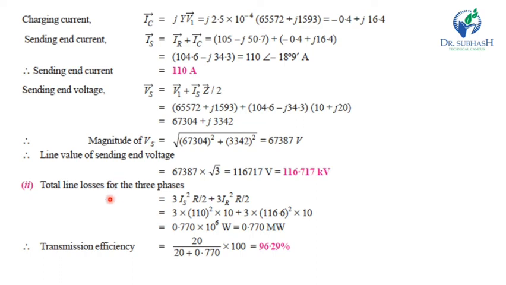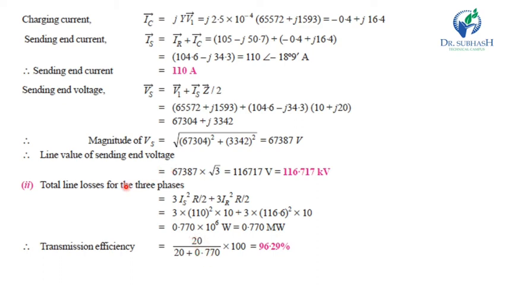Now the total losses for the three phase line. Here we find the efficiency, which is equal to output upon input, where output is the power delivered and input is the power sent. So efficiency is power delivered upon power sent, and power sent is equal to the power delivered plus losses.